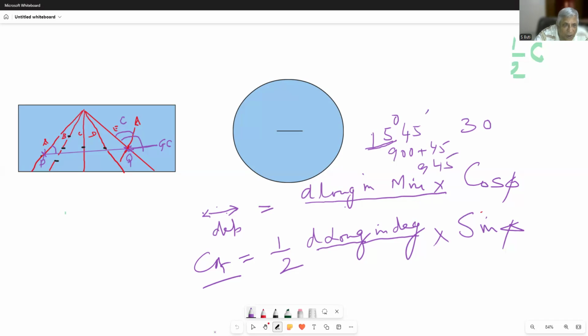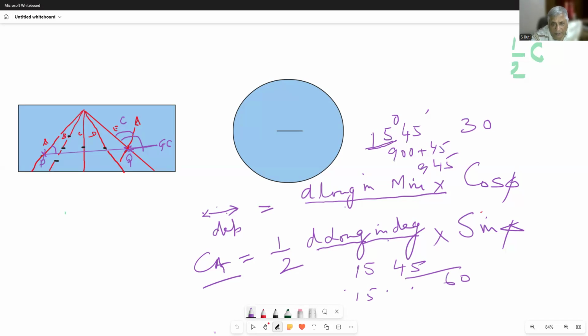Whereas if you are finding out the conversion angle, I need dlong in degrees now. What will be the conversion angle between these two places, which are 15 degrees and 45 minutes apart, dlong. So dlong of 15 degrees and 45 minutes can be written as 15 decimal 45 divided by 60.